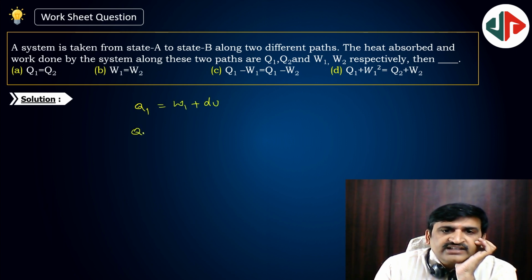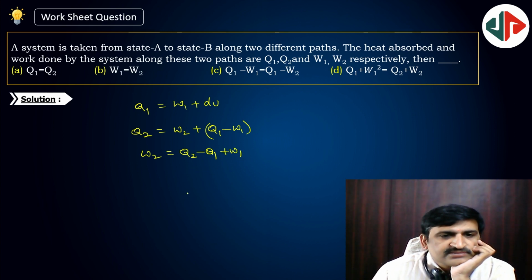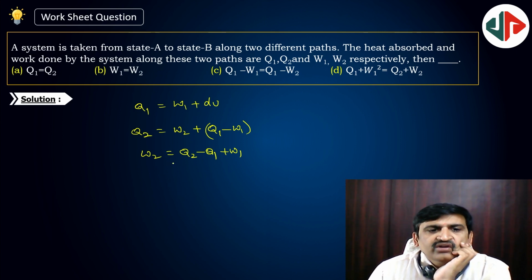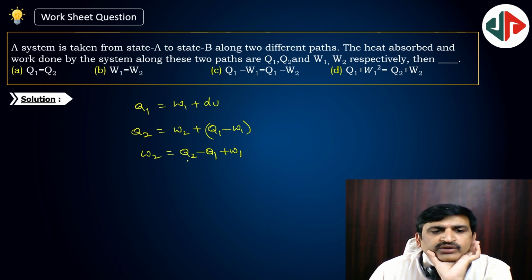In the second case Q2 is there, W2, and dU will be the same. Here I can write Q1 minus W1, so W2 is equal to Q2 minus Q1 plus W1. So which option is this? W2 is equal to Q2 plus W1.